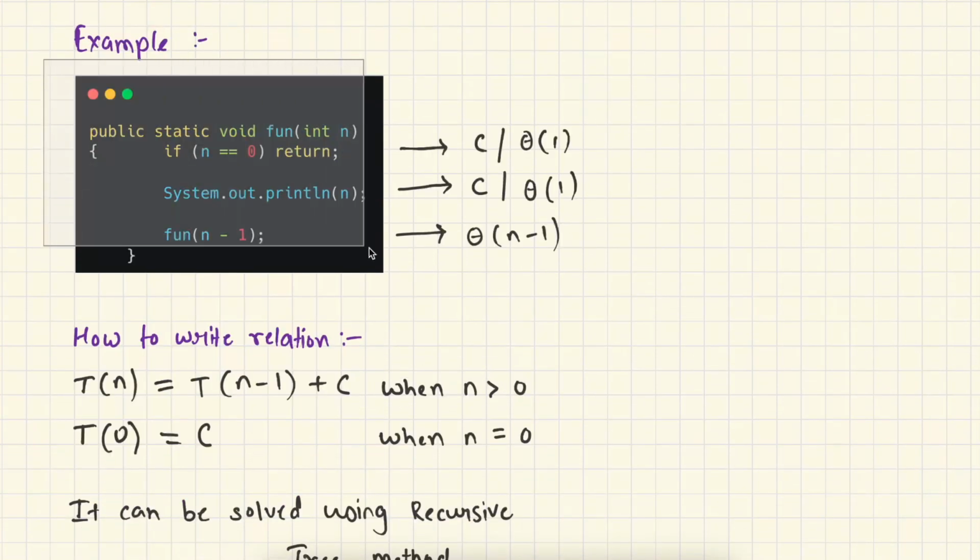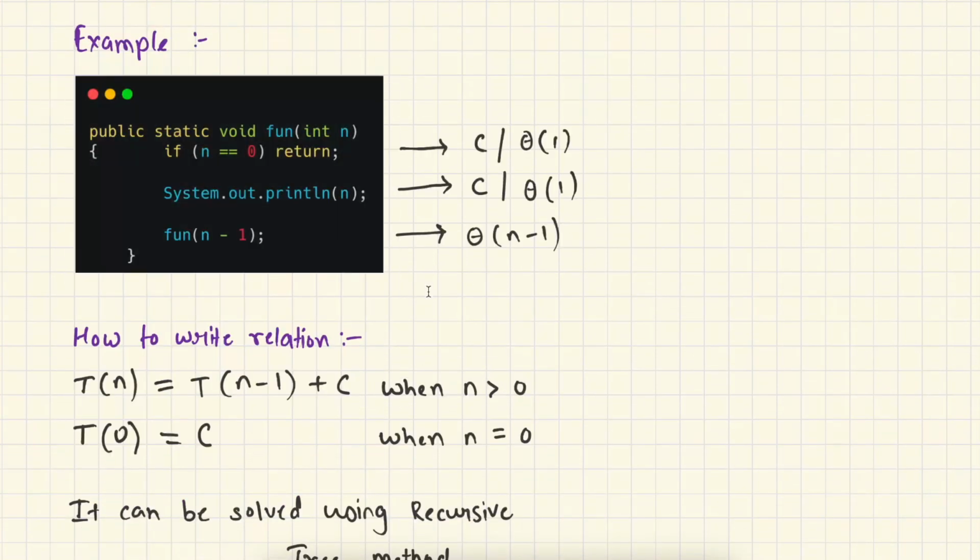You can see this piece of code, and this is a recursive code. To write the recurrence relation, we first need to find the amount of work we are doing in this function. If you look at this function closely, in the first line we are doing some constant amount of work. Here we are just checking n equal to 0 and returning.